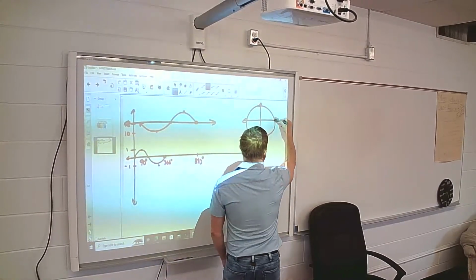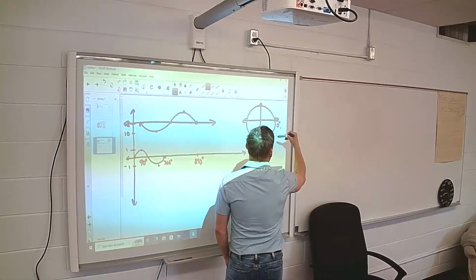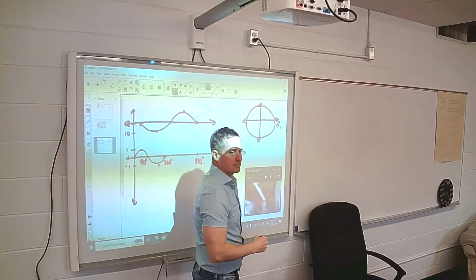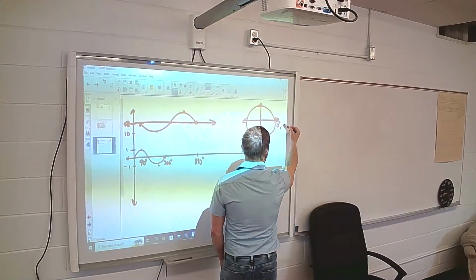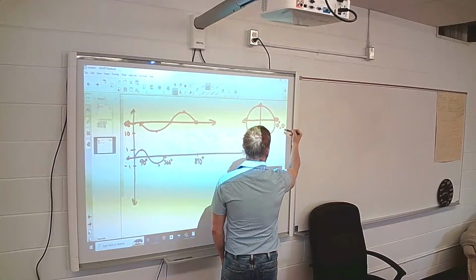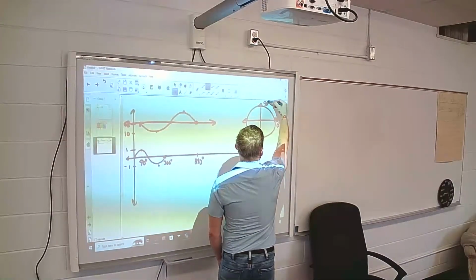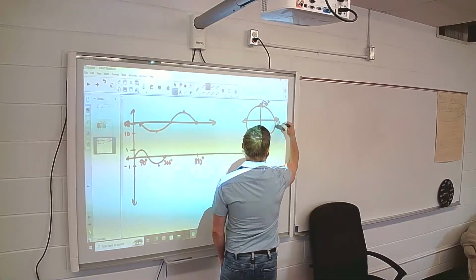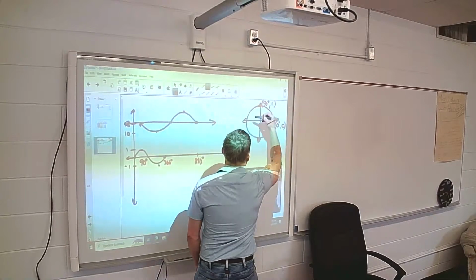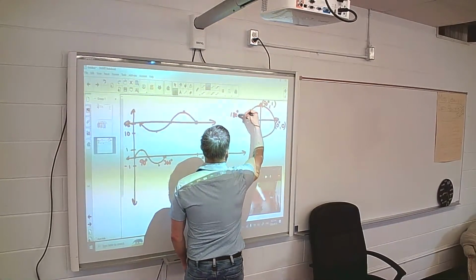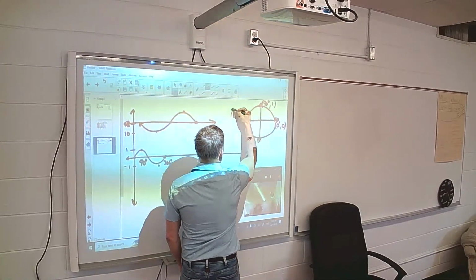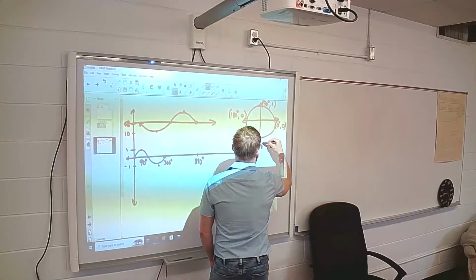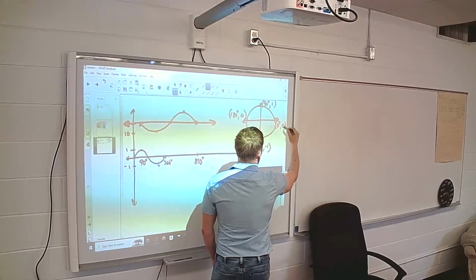All right. At 0 degrees, what's your sine value? 0. At 90 degrees, what's your sine value? At 180 degrees, what's your sine value? 0. At 270, -1, and it goes back to 0.